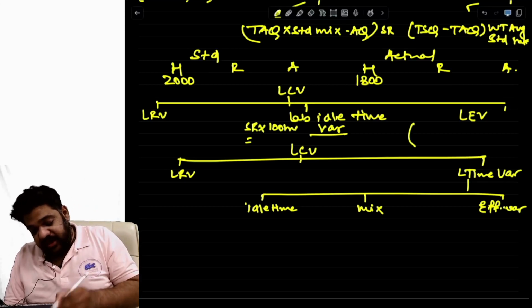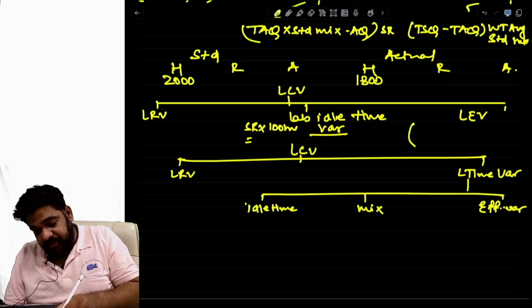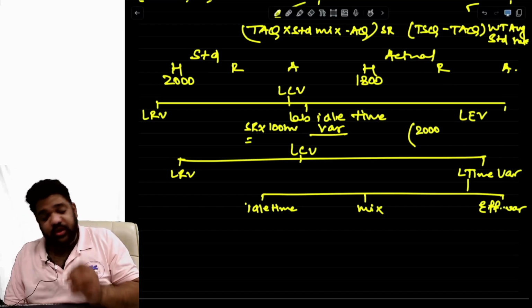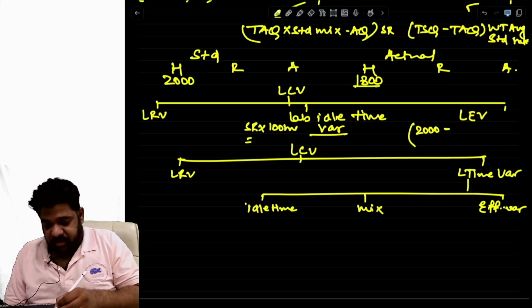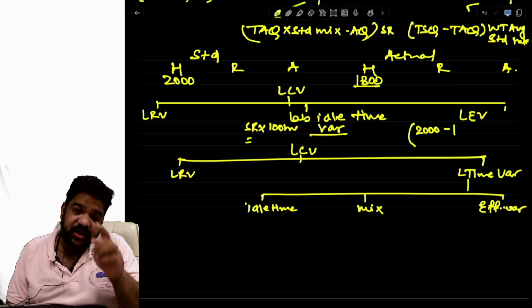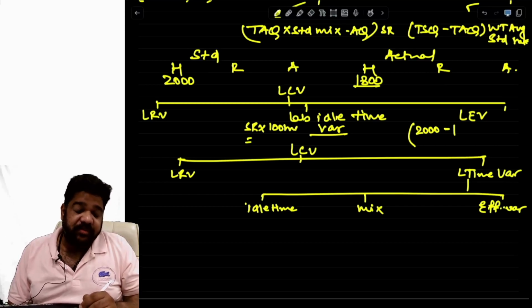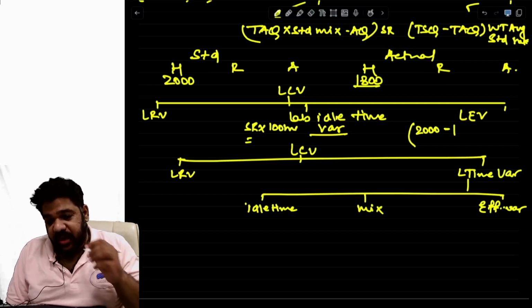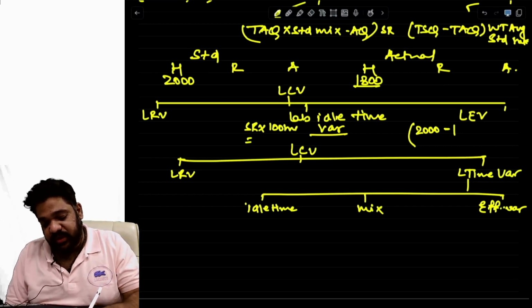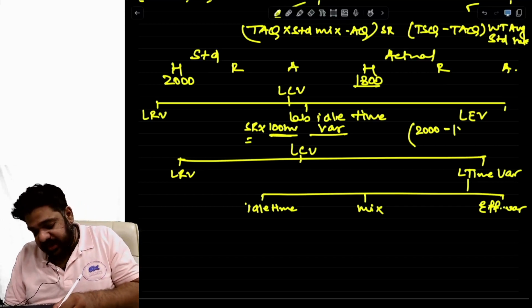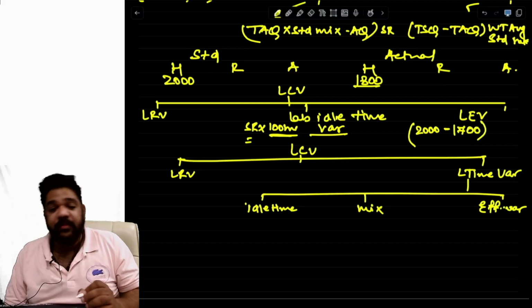Now, when you're calculating your efficiency variance, 2000 hours is what you should have taken. 1800 hours is what you have actually taken, but that includes 100 hours of idle time. So even though you have 1800 hours, you will not write it down as 1800 hours. You will write 100 hours lesser. You will be writing this as 1700 hours only.